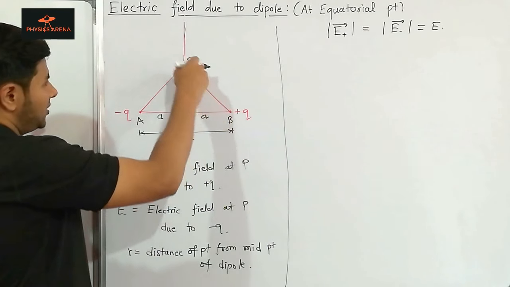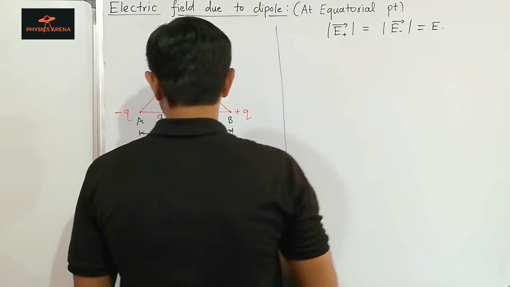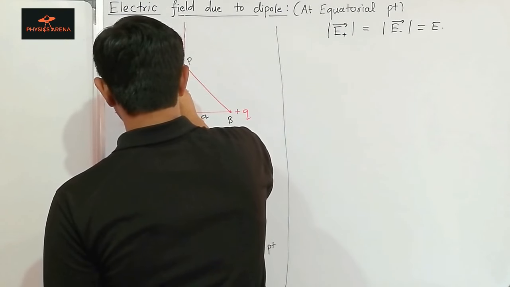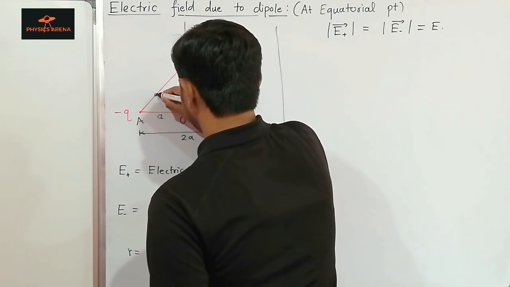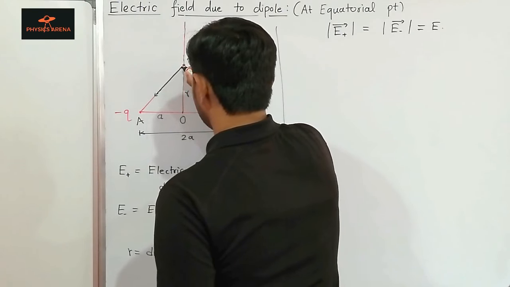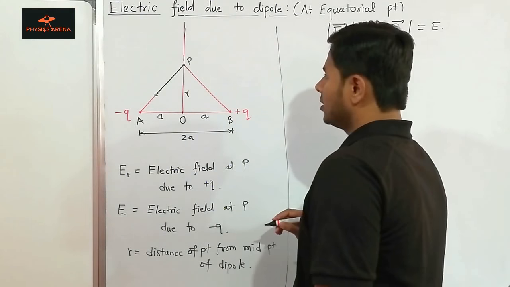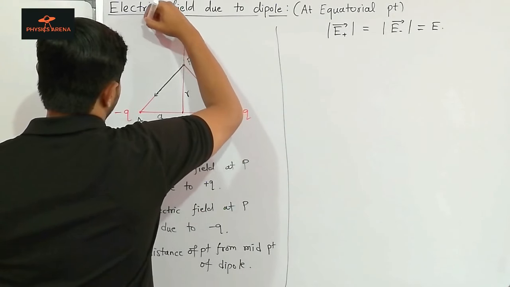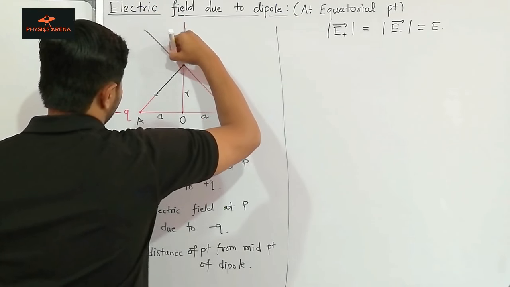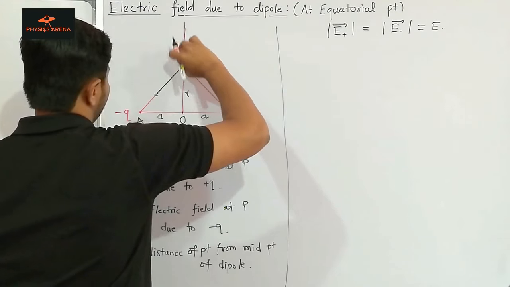Now let us draw the fields due to minus Q and plus Q. So the field due to minus Q will be like this, and the field due to plus Q will be directed along this line, something like this.